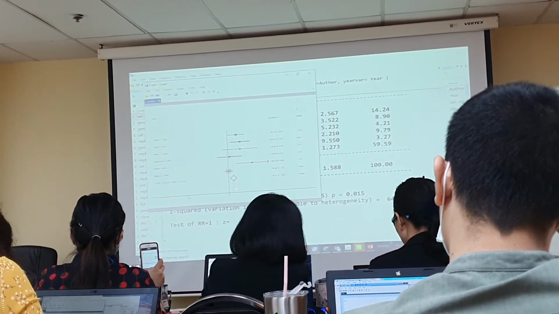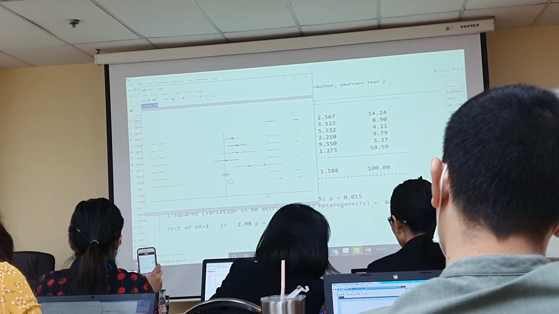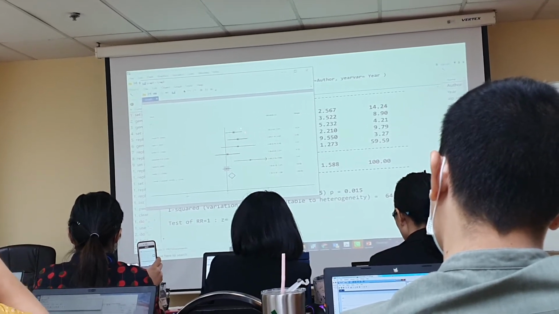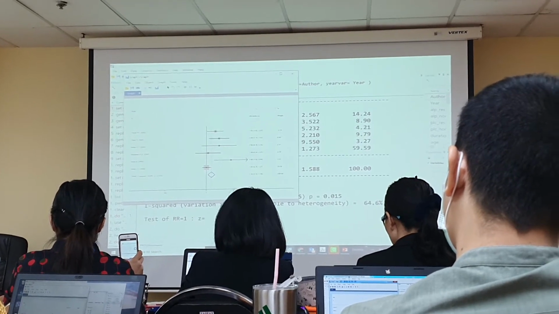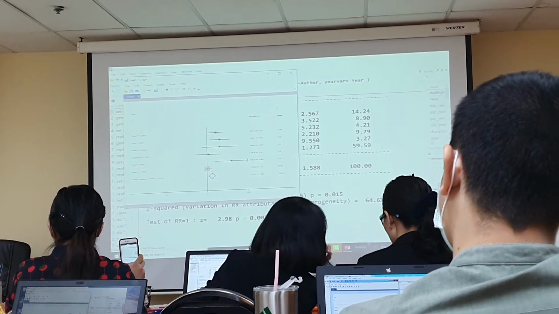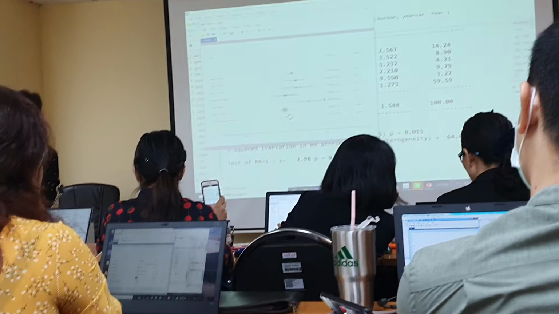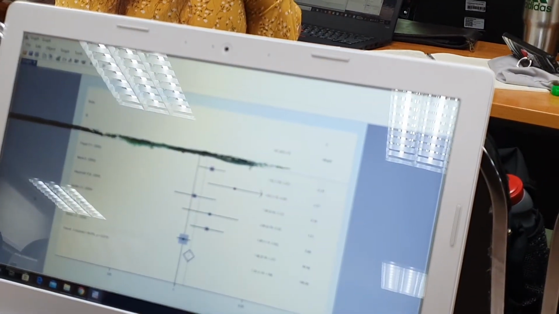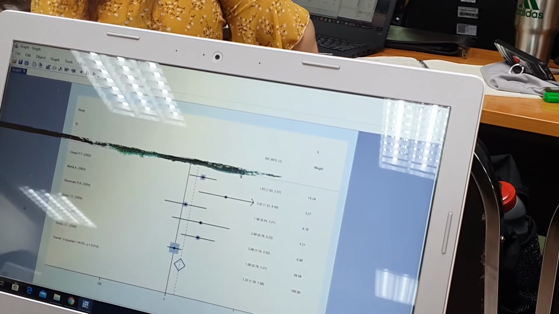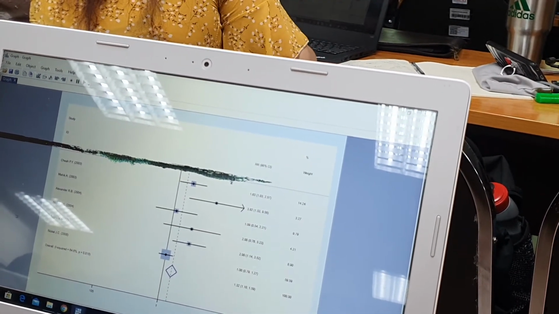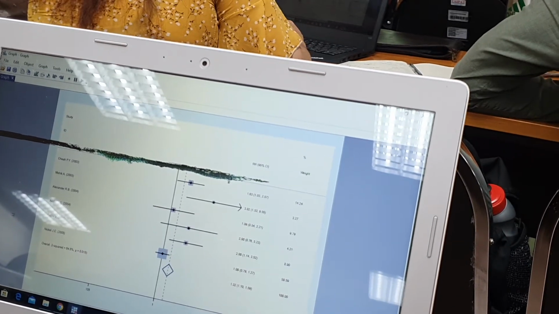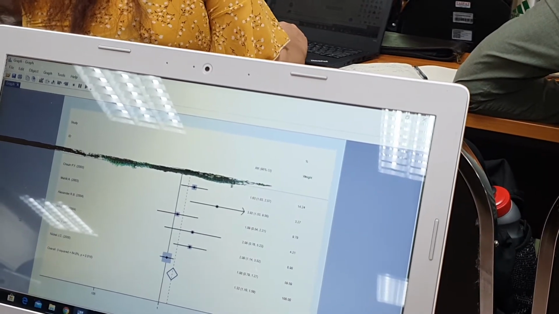But we are not going to look at the pooled risk ratio right now. What you have to look at is the point estimate of each individual study, whether most of them go in the same direction or different directions. That is the first glance at the forest plot. Secondly, look at whether the 95% confidence intervals of these 6 studies overlap or not.